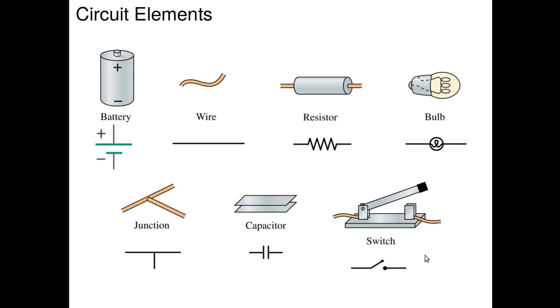A switch. We dealt with a switch a little bit in lab. An open switch means that no current can flow through it. If you close a switch, it basically just acts as a wire with negligible resistance. Technically, it's negligible, but in most cases we don't account for the resistance of the actual wire.